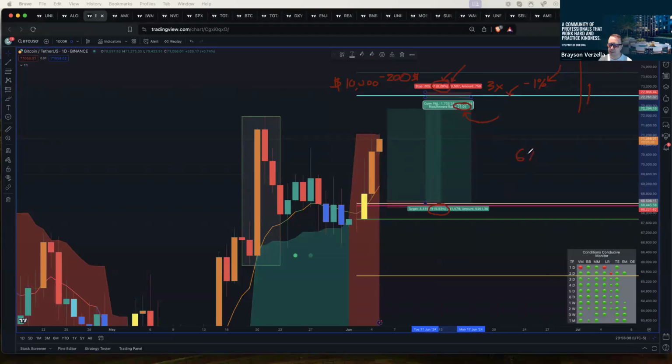And so in that scenario, it's 6% times 3x. So I'm looking at 18% on my 10,000. So I'm willing to risk $200 to make, if I'm not mistaken, 1,800. I think that's the math.